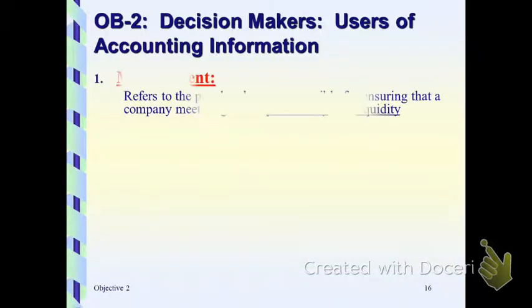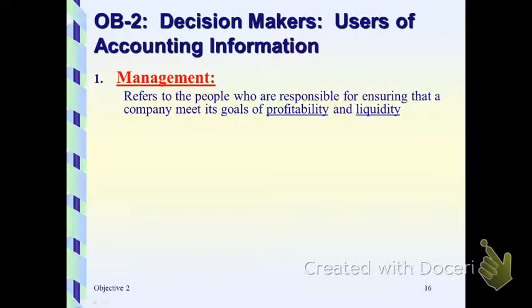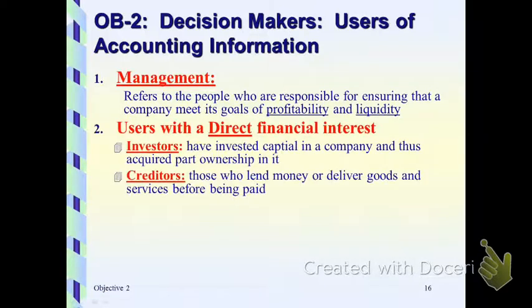If we look at these in a little bit more detail, management, or the internal users, refer to the people who are responsible for ensuring that a company meets its goals of profitability and liquidity. The external users with a direct financial interest are investors and creditors.